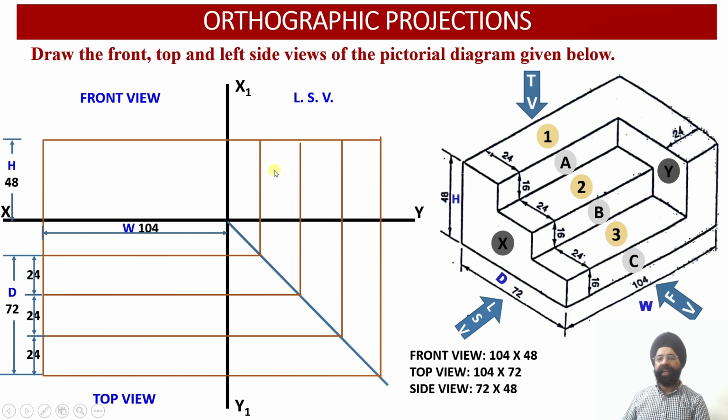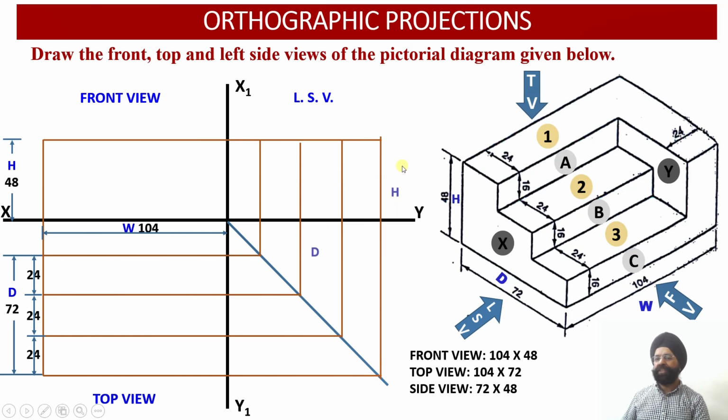So we can say that this left hand side view is drawn from the dimensions which are coming from the front view and which are available to us from the top view of this orthographic construction. This width of the solid we have drawn as 72 millimeter, which is again transferred from the top view. Similarly this height of the solid which is 48 millimeter is coming from the front view.